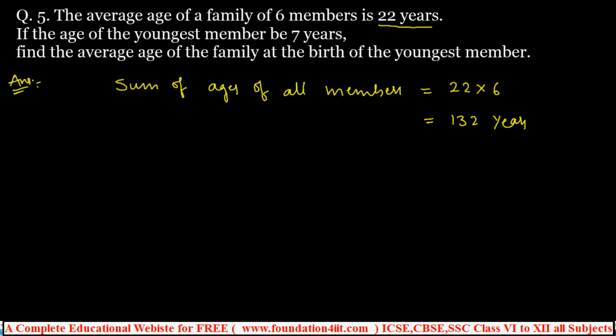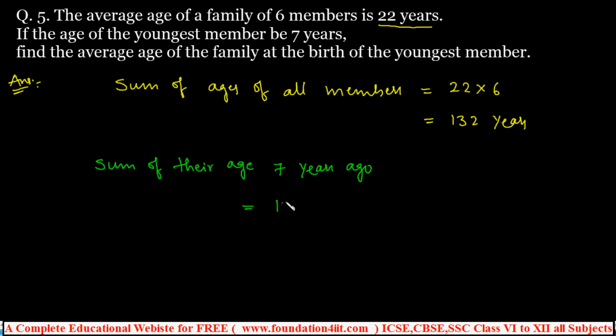So the problem is simple. Sum of their ages 7 years ago. The sum only. Sum of their ages 7 years ago.